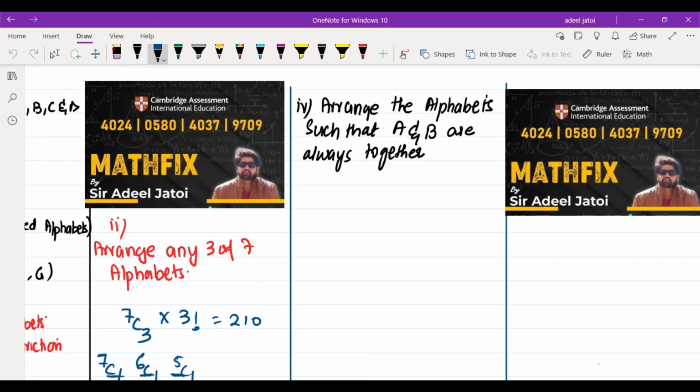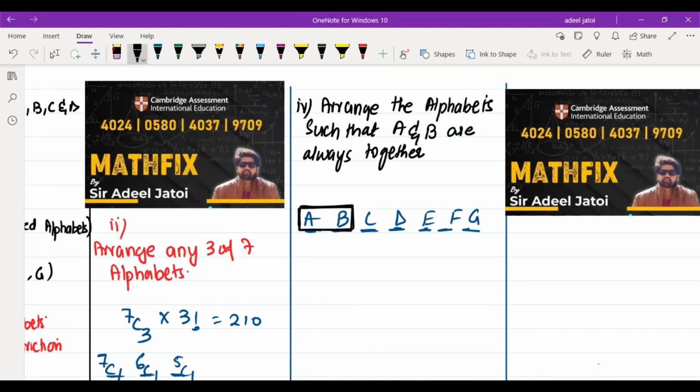That means when they are always together, let's just write down A, B, C, D, E, F, G. So we have 7 alphabets, and in the question, it was directly mentioned that A and B are together.